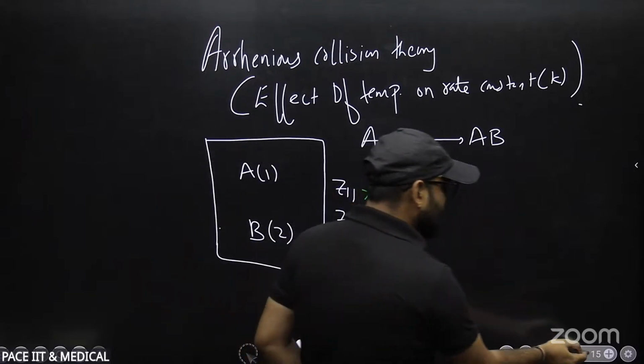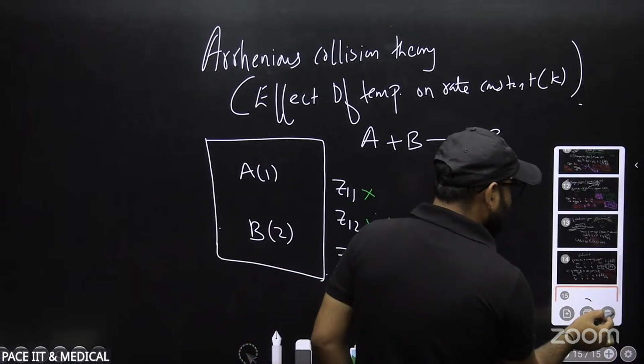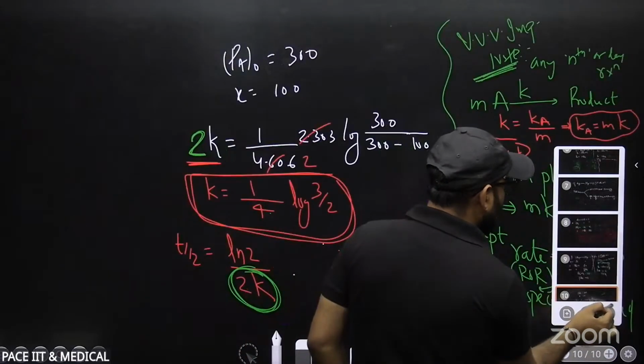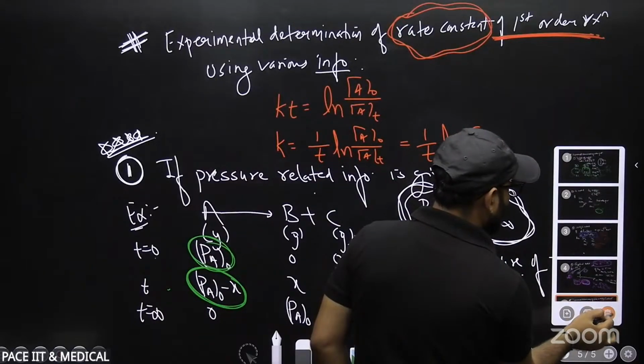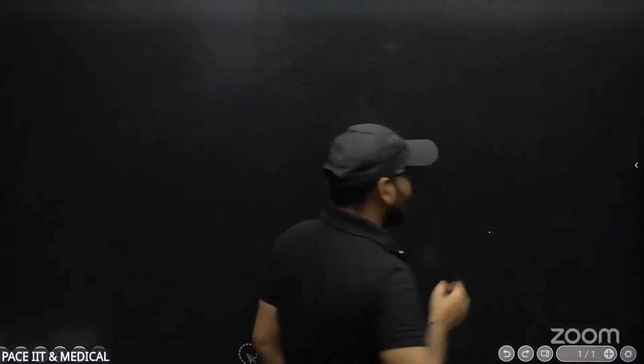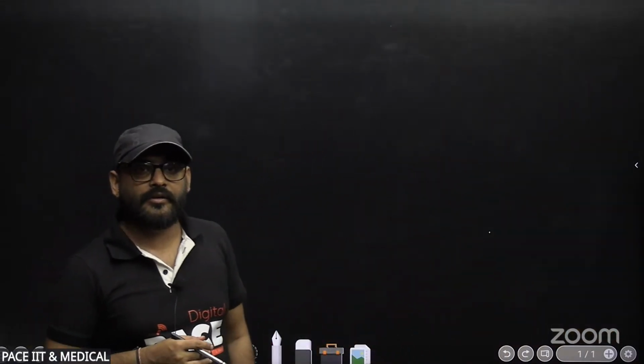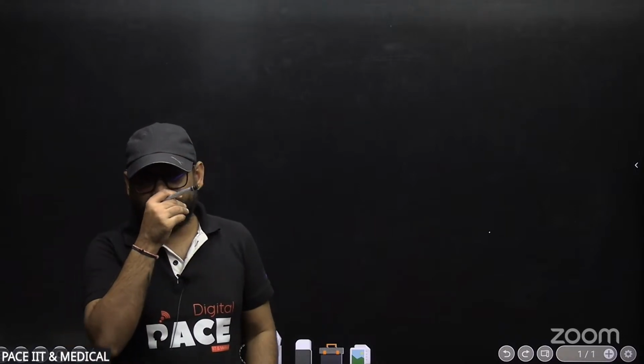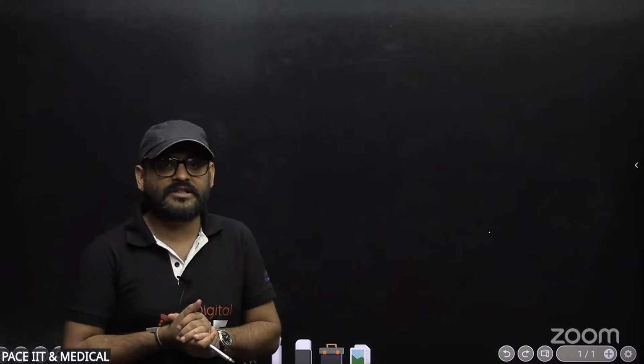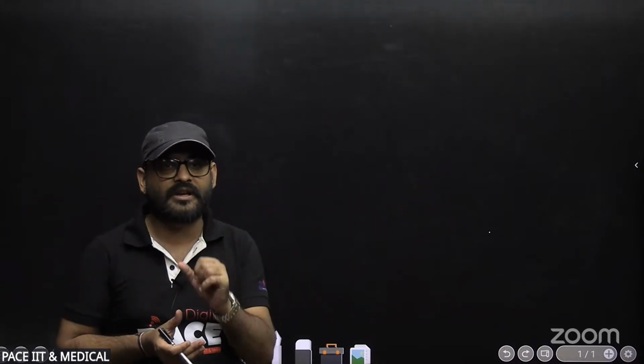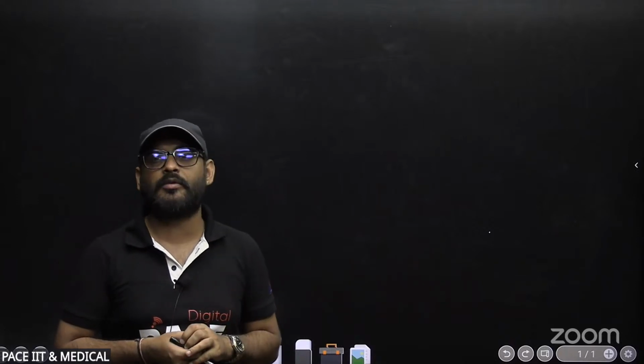What are those barriers? Two barriers are the energy barrier and the orientation barrier. For a collision to be effective, some threshold or activation energy must be possessed by the reactant molecules.